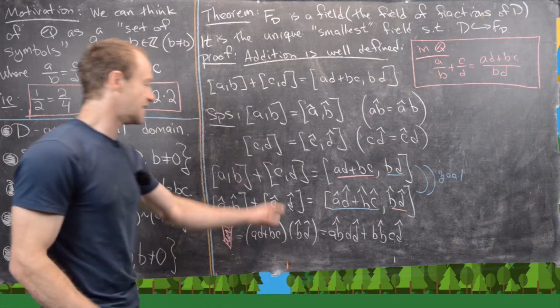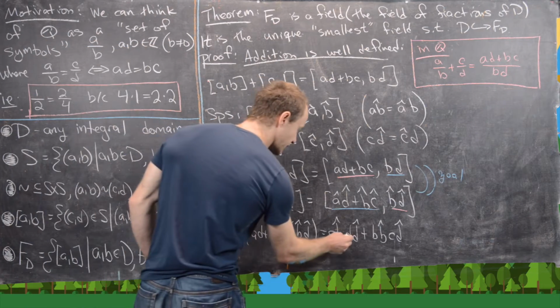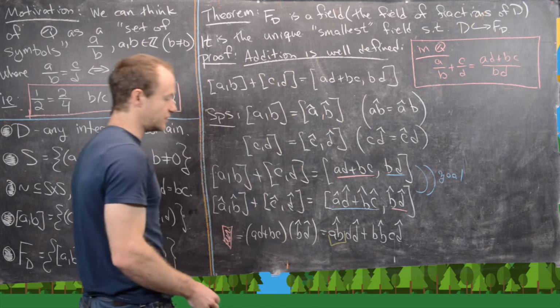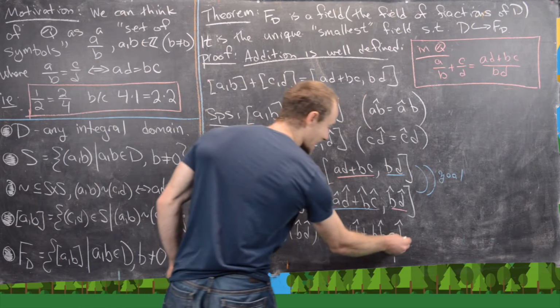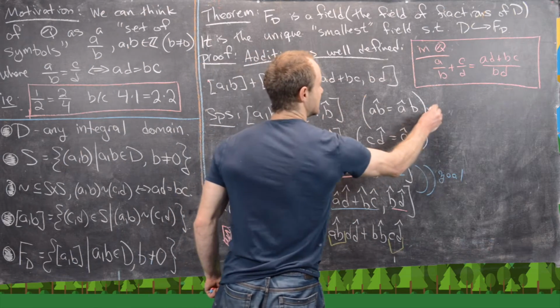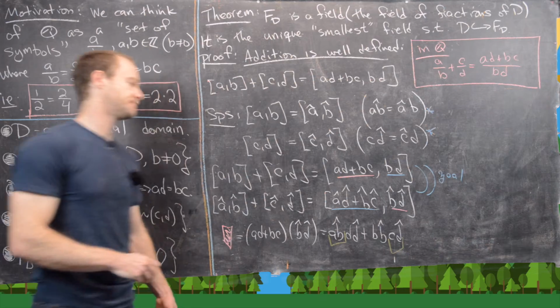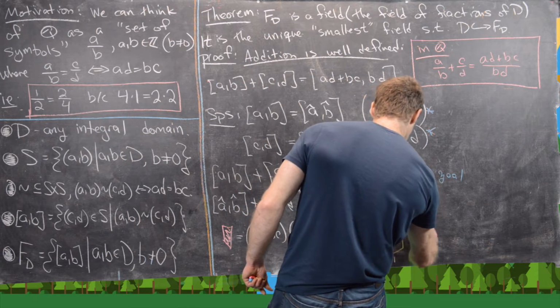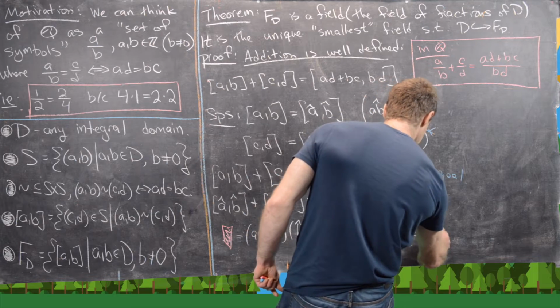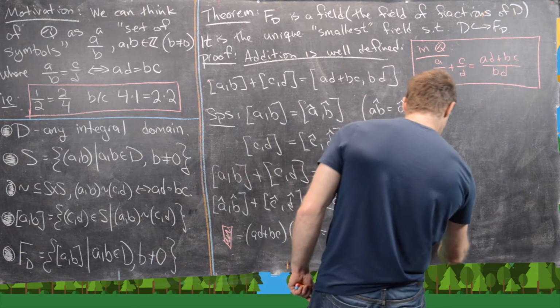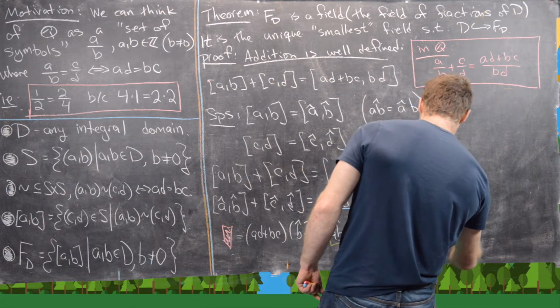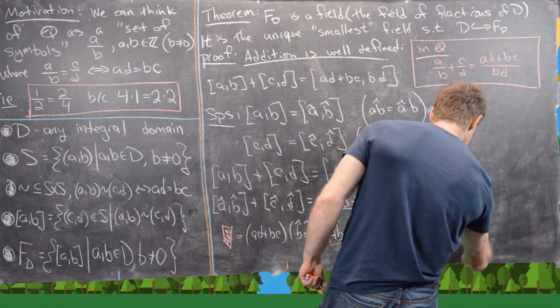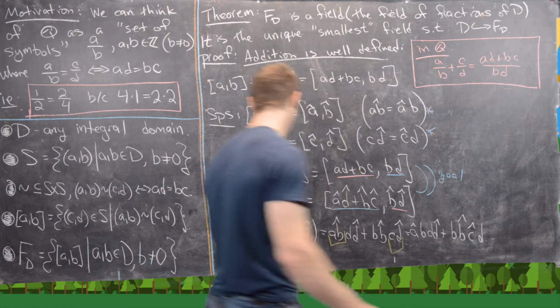Okay? Now we can go ahead and use our equivalence relation to rewrite this and this using these two rules up here. So notice we can rewrite that thing as A hat B D D hat plus B B hat C hat D. Great.